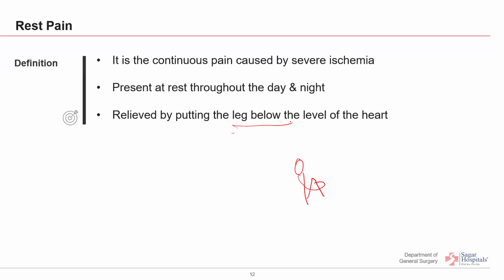And when he is massaging, that gives him some amount of relief from the pain. That is something like your pain pathway and the gate control theory. The other thing is, when the patient leaves his leg below the level of the heart, gravity helps in temporary relief of the pain.